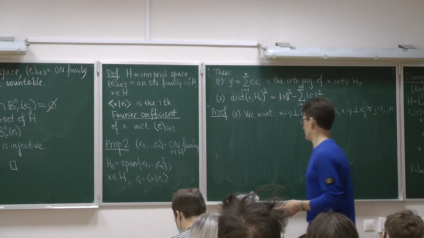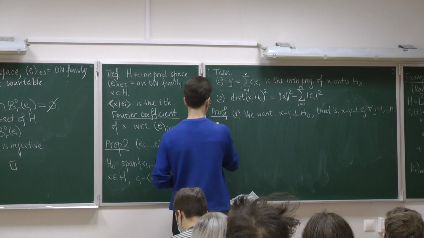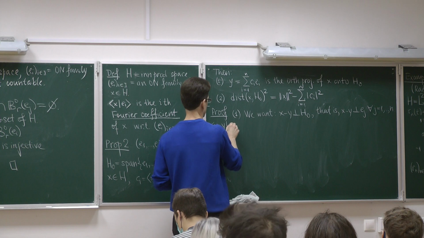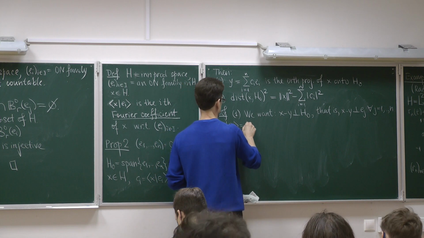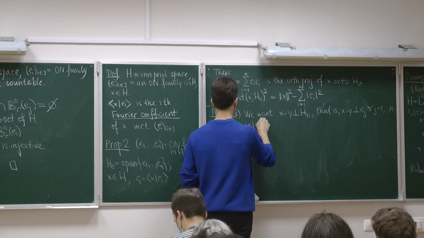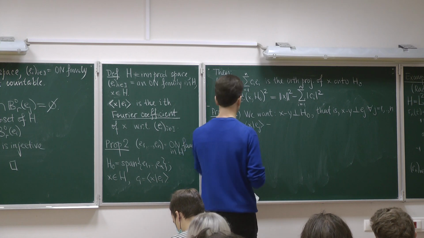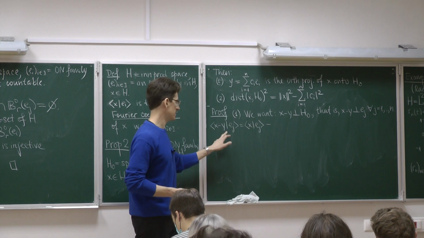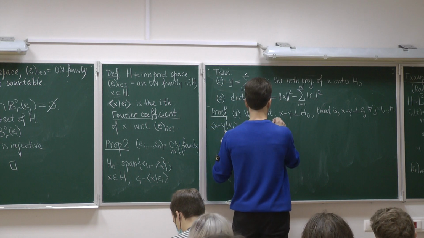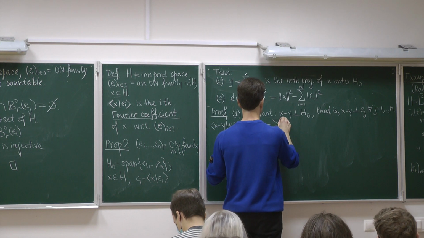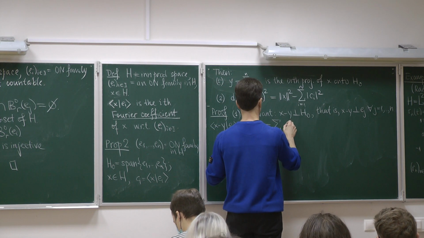And this is an explicit computation, so we calculate the inner product. This is the inner product of x and e_j minus, where we substitute this vector y here and use the linearity of the inner product in the first variable.